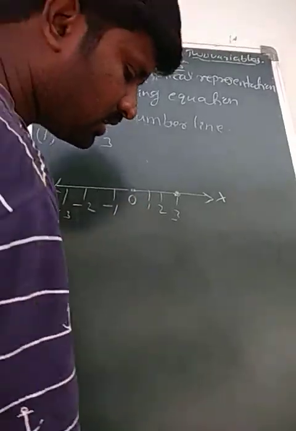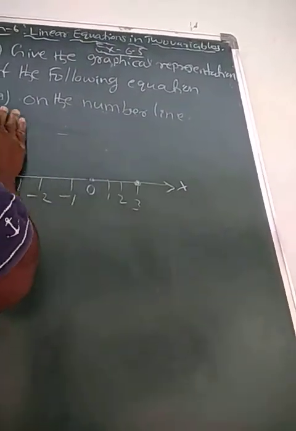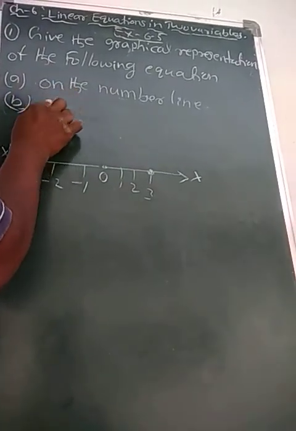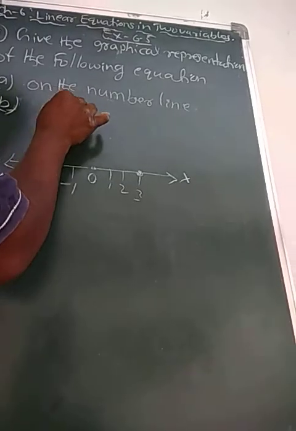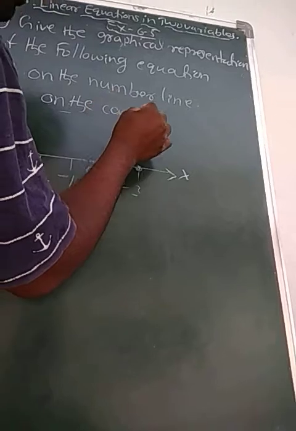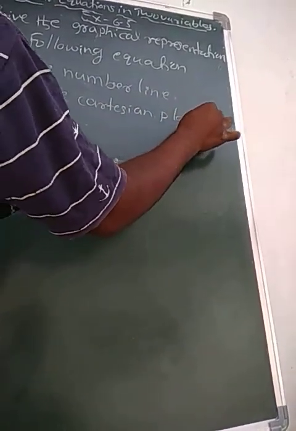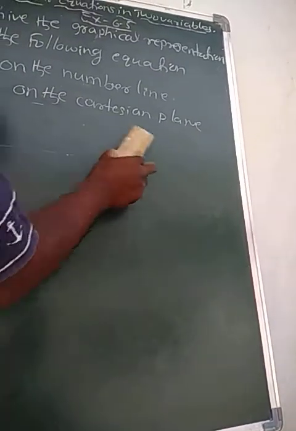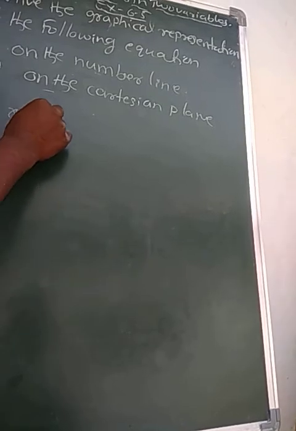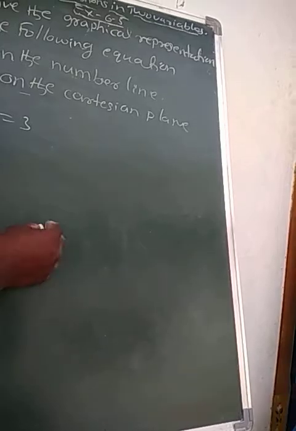Again the same thing, on the Cartesian plane. B, the same question on the Cartesian plane. What is the question? x is equals to 3. So on the number line, we just saw it.